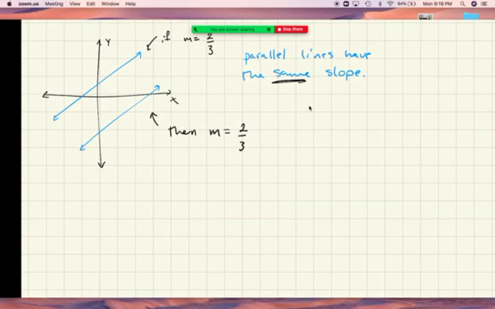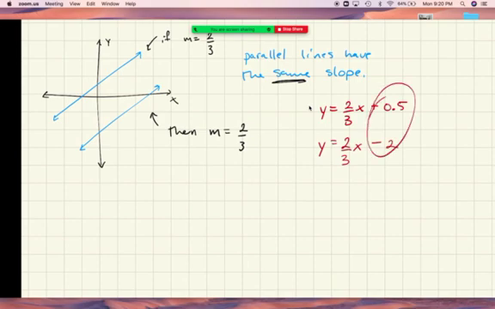So maybe the equation of this line would be something like y equals 2/3 x, because that's the slope, 2/3, plus 0.5. I'm making this up. And the equation for this line would be y equals 2/3 x minus 2.